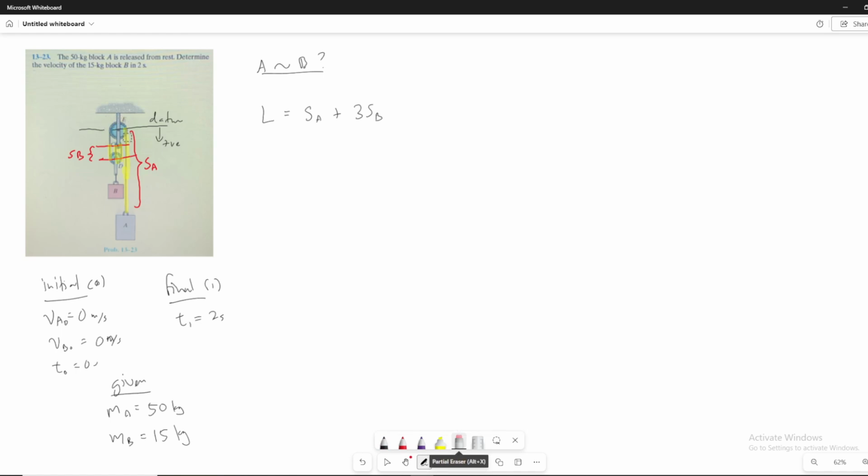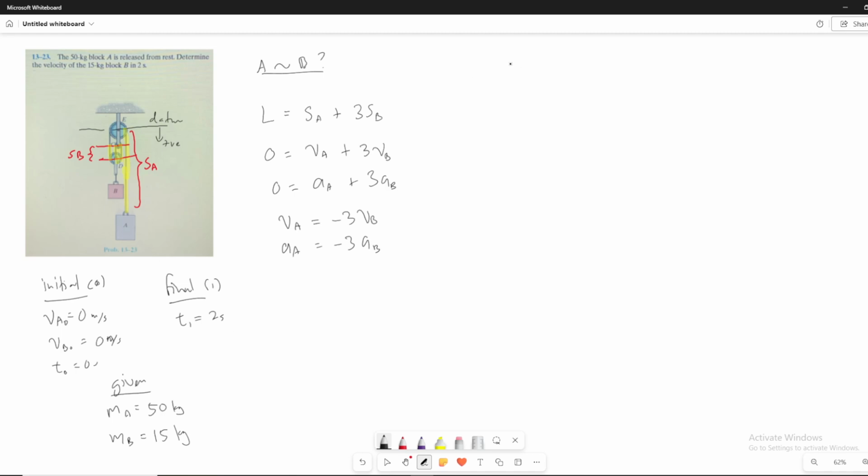When the rope gets longer, they all have the same length. So 3 SB, and if we differentiate both sides, we get 0 equals VA plus 3 VB, and also AA plus 3 AB. So basically VA equals negative 3 VB, and AA equals negative 3 AB. This is the relationship between A and B.